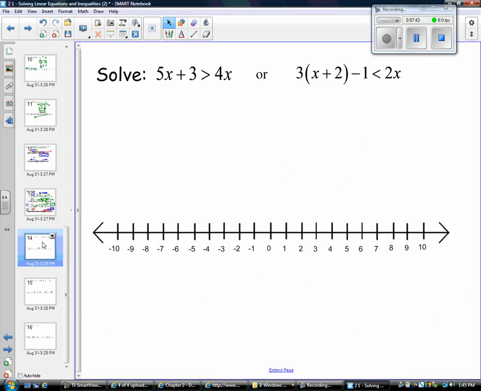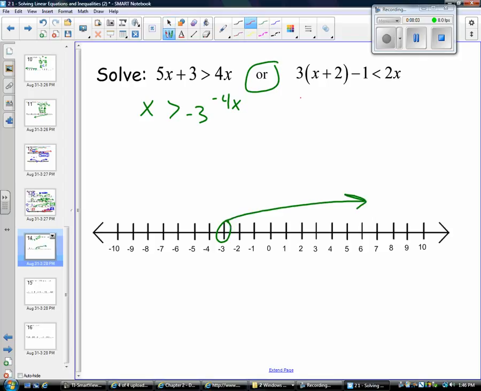So let's look at a question here. Notice that we're given an or, so we're first going to simplify each side. I subtract 4x, so I get x, and I bring the negative 3 over, so I get x is greater than negative 3. I put that on my number line. On the right-hand side, I'm going to distribute, and then I'm going to collect like terms.